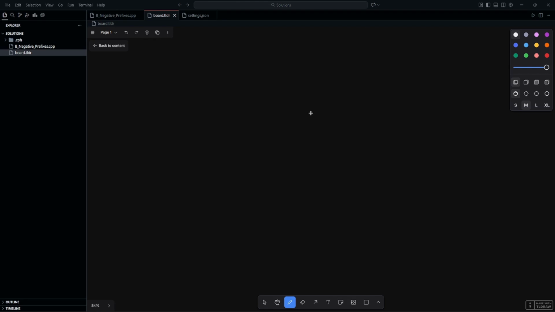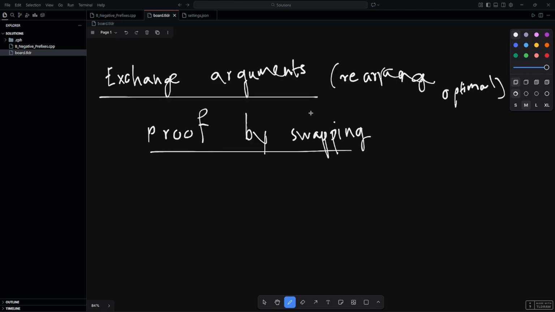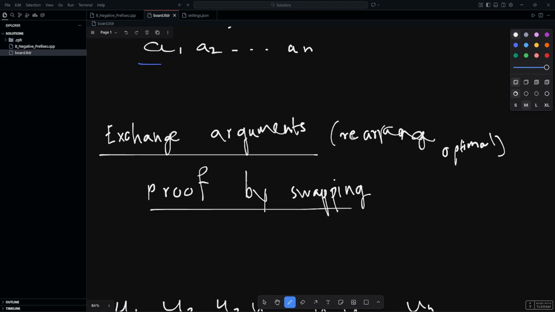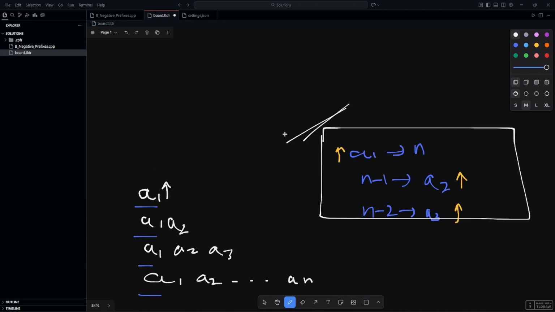But for now, I'll tell you the basics of exchange arguments. So I want to arrange u1, u2, u3, u4, so on till ui, uj, so on till un, such that it gives me a maximum prefix sum.